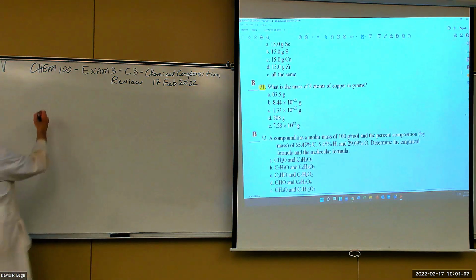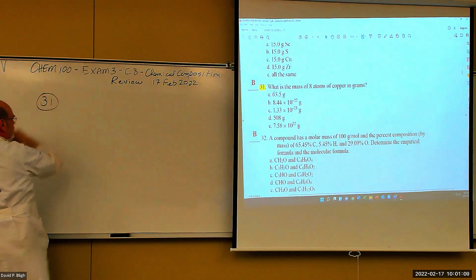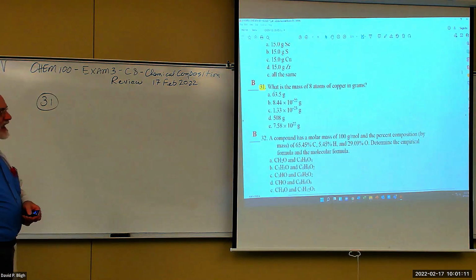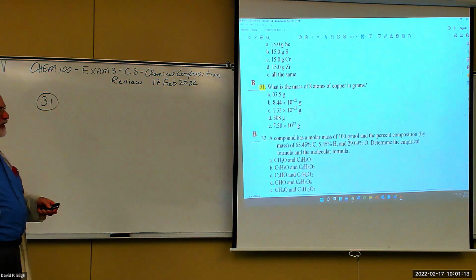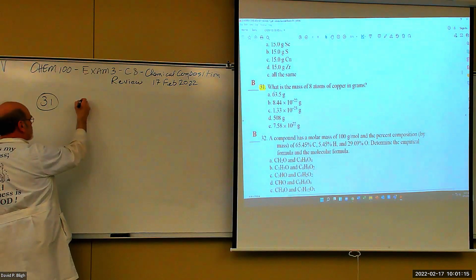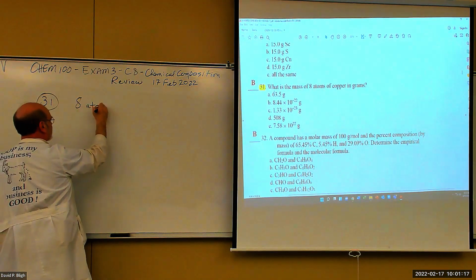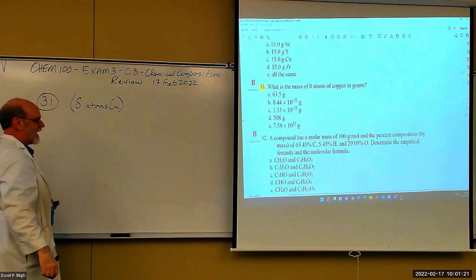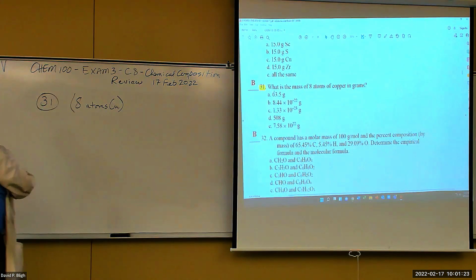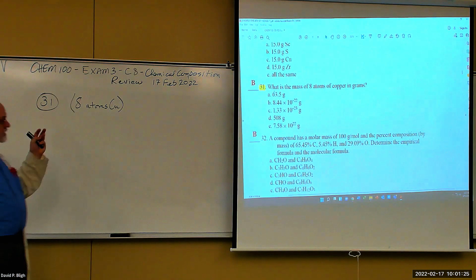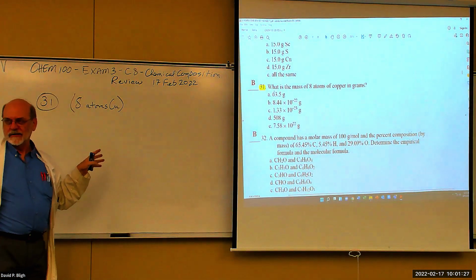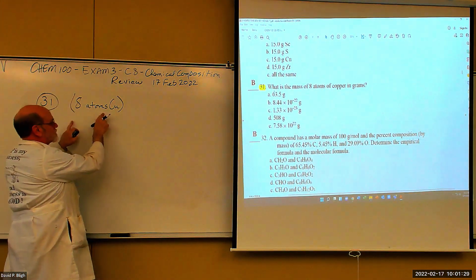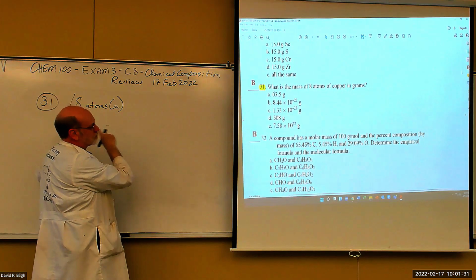31. What's the mass of 8 atoms of copper? Okay, you're given 8 atoms of copper. What's the mass? Well, this is the problem before it in reverse. Now we're going from atoms to mass.